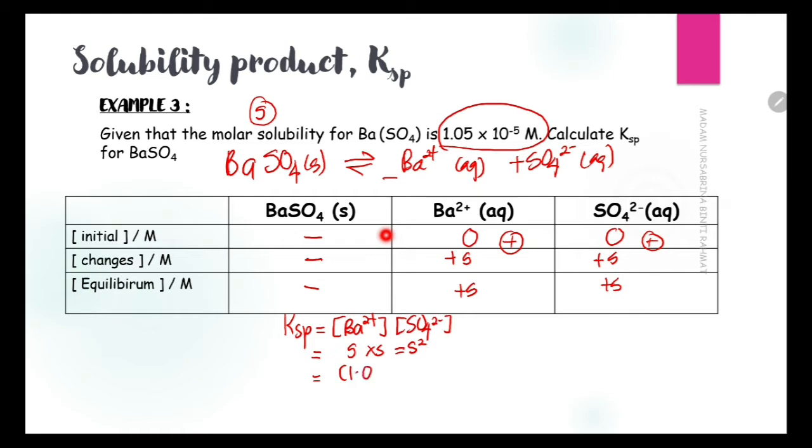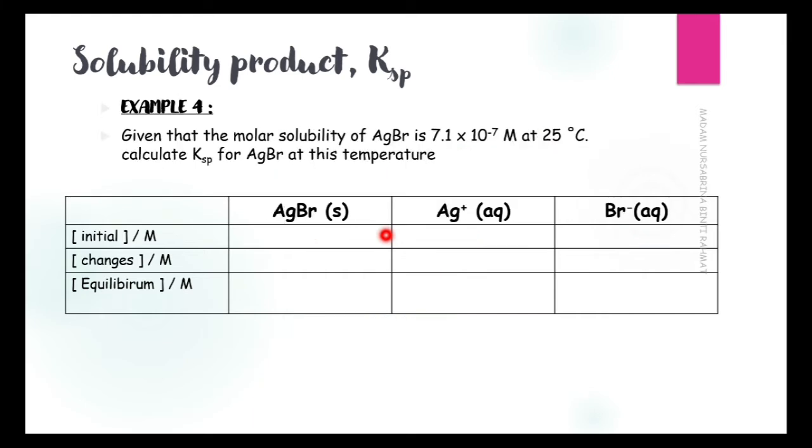So we substitute the value of S into the expression, and you will get your KSP value to be 1.103 times 10 to the power of negative 10. Again, strictly no unit.